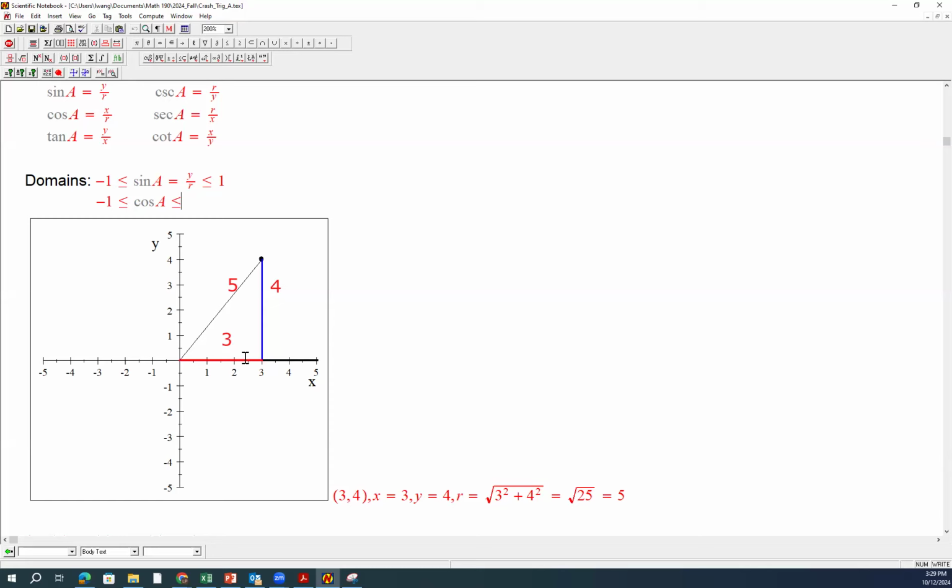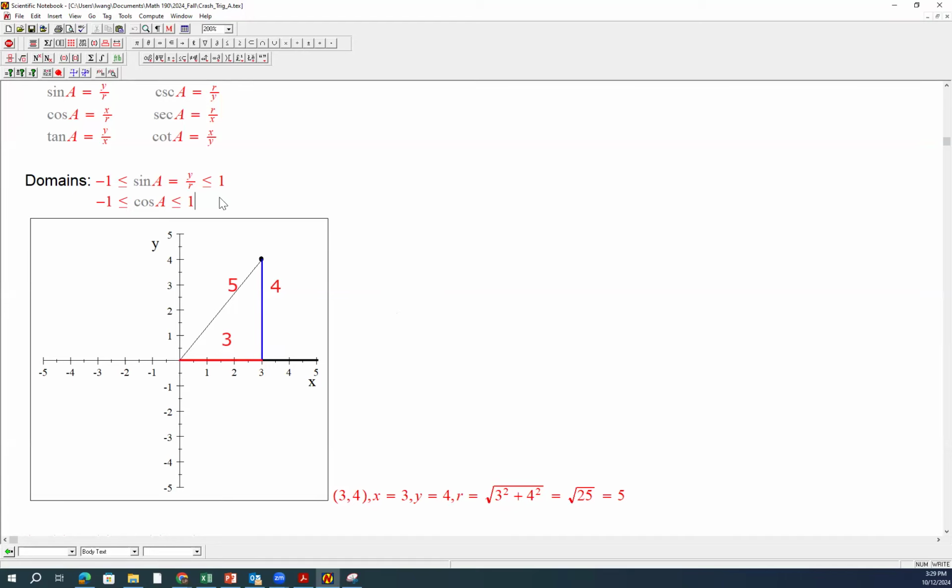The leg is always shorter than the hypotenuse. Therefore, for cosine, it's also between -1 and +1. We know that we're going to use this in our calculus classes, right? About the domain of sine and cosine.